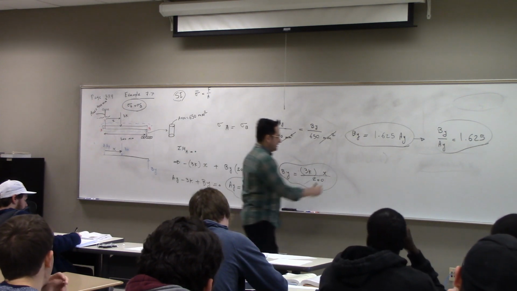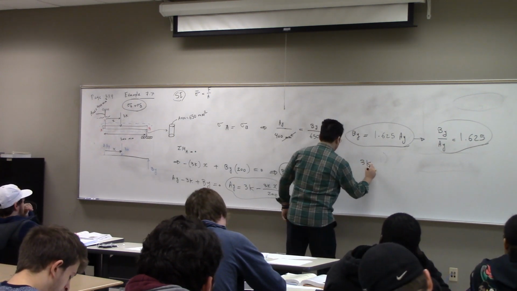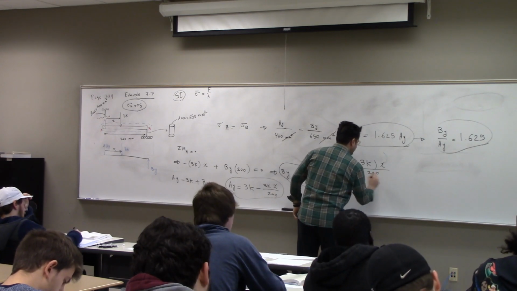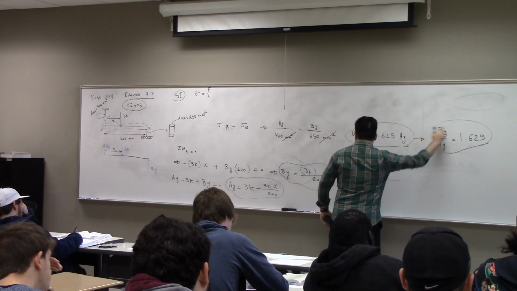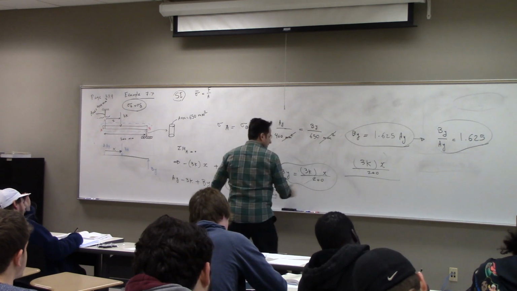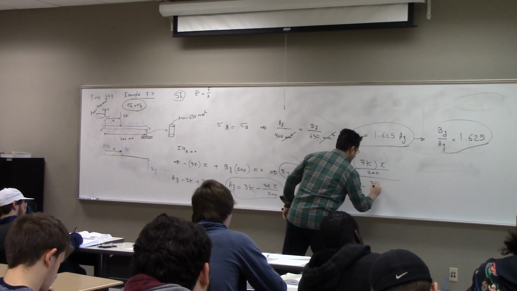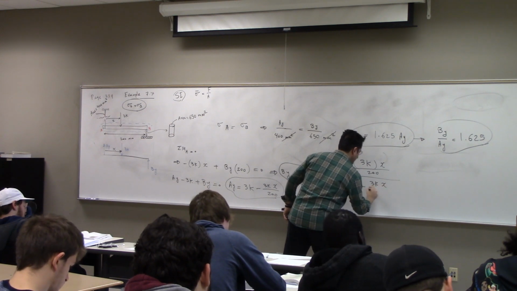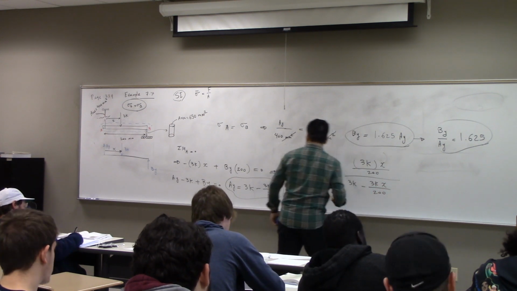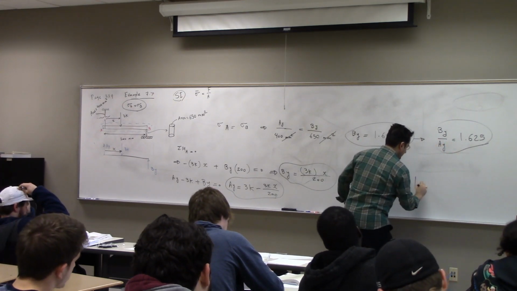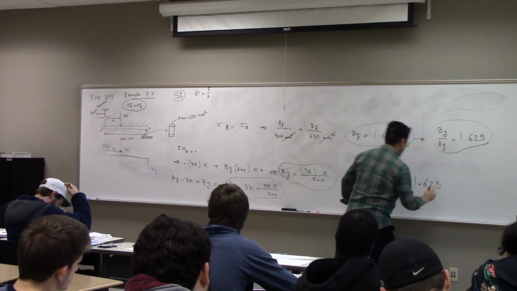So you get 3K times X divided by 200. This is simply By divided by Ay. 3K minus 3K X divided by 200 is equal to 1.625.